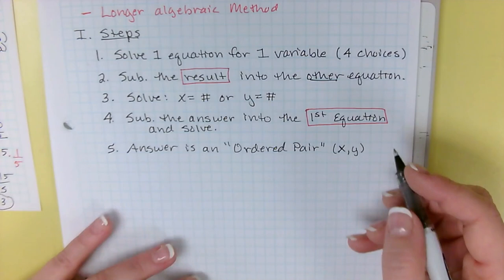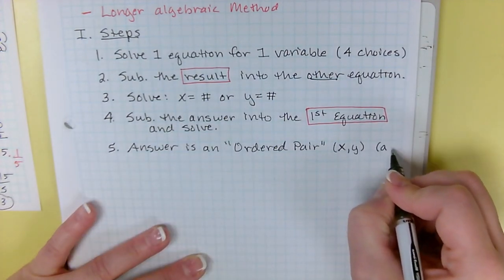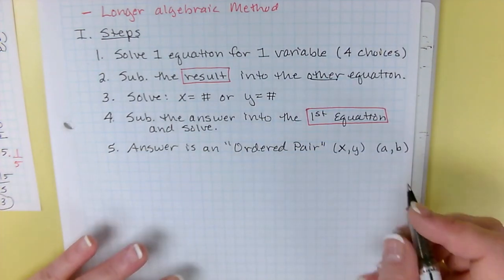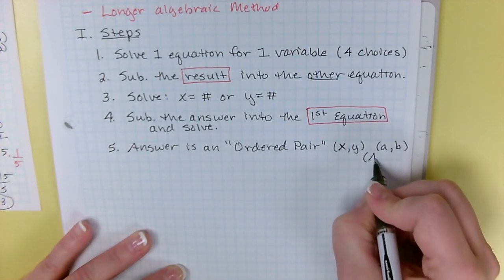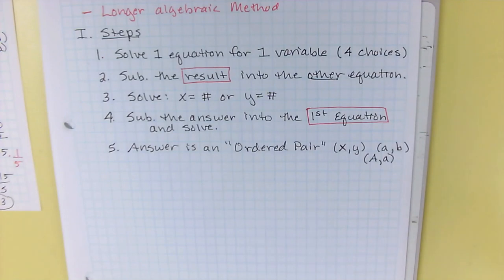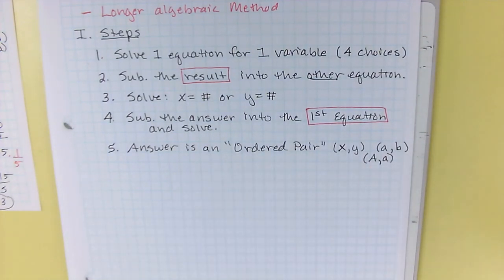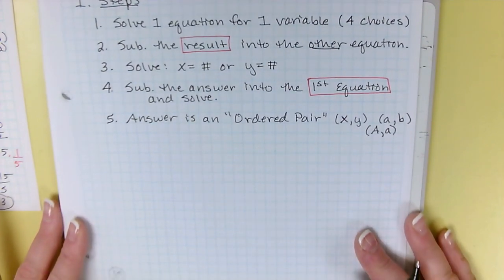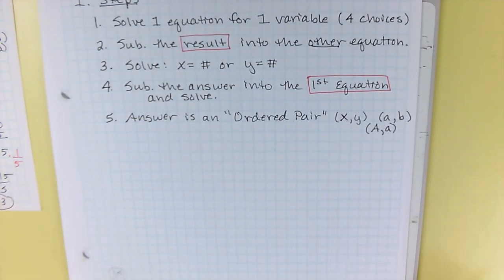If you've got a's and b's, of course, a would come first, b would come second because it's alphabetical. Every once in a while, you get one that's caps and lower cases. In that case, the capital A goes before the lowercase a. So if you run into that, the cap comes first. All right, that is the basic steps for the process.